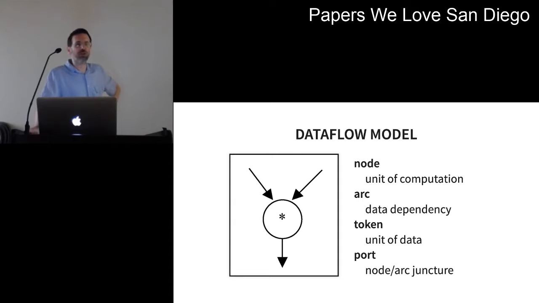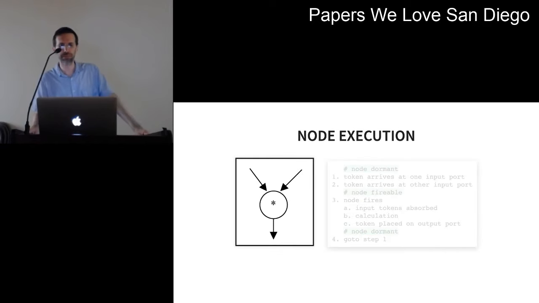Not everyone uses the term port. In fact, the paper that I'm presenting didn't use that. It prefers input arc and output arc. In any case, the book that's associated with the video I linked to uses port. In any case, the concept of having input ports and output ports is a useful concept, as we'll see.